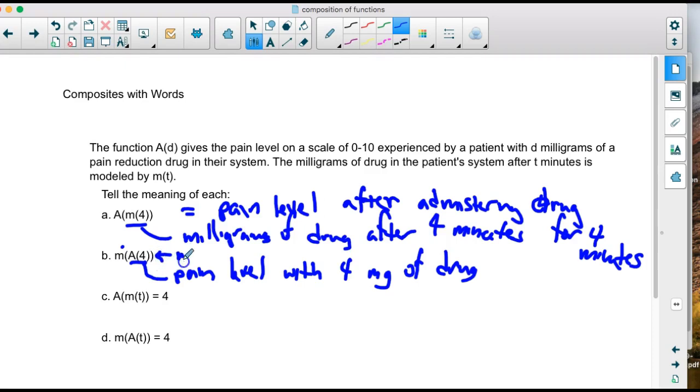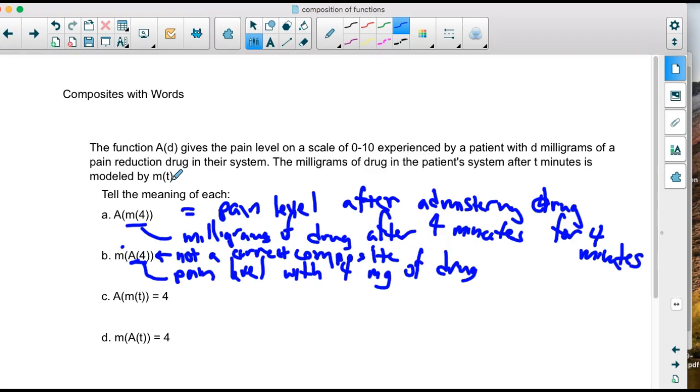This is not a correct composite, because we can't take a pain level and put it in for time. That's not a time value. This has to be a time value in order for it to be evaluated, because that's what this says. It puts in there a time, but that's not what we got out of the other function.